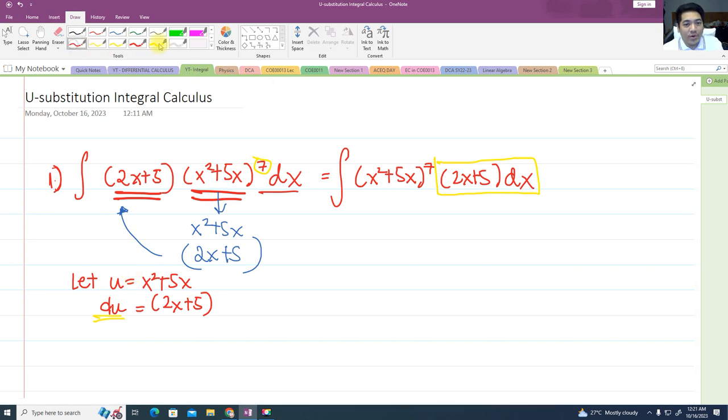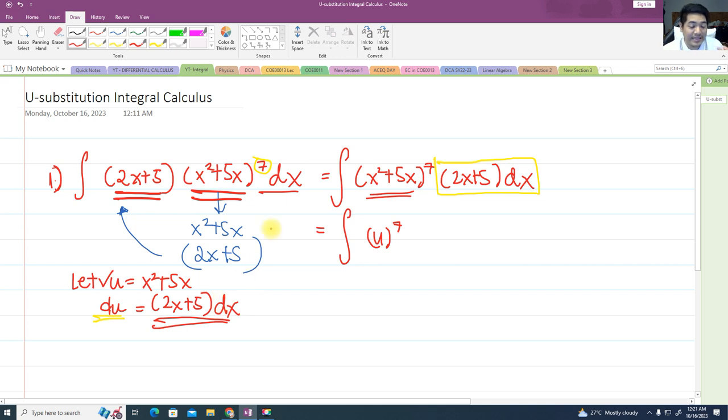So what are we going to do? We are just going to substitute x^2 + 5x. We let that be our u, so this becomes u raised to 7. Then this (2x + 5) dx, we have dx here because we differentiate with respect to x, and that is equivalent to du.